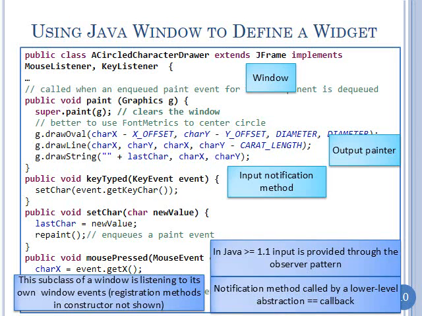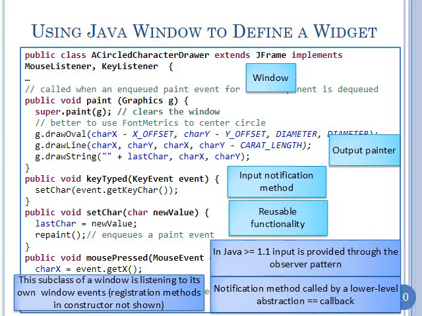So in this particular class, I have created a subclass of JFrame called a circle character drawer. It is defining the callbacks that the superclass is basically invoking. And you can have separate classes. That is what 1.1 allows. Somewhere here it registered itself as a listener for those events.